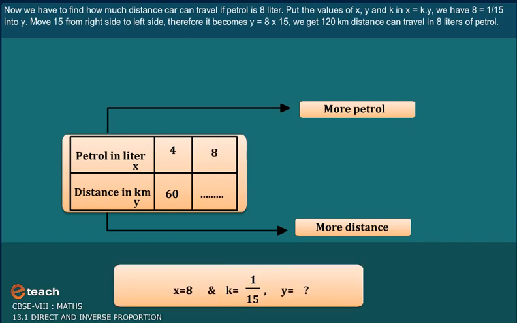Put the values of x and k in x equals ky. We have 8 equals 1 by 15 into y. Move 15 from the right side to the left side. Therefore, it becomes y equals 8 into 15. We get 120 kilometers. The car can travel 120 kilometers in 8 liters of petrol.